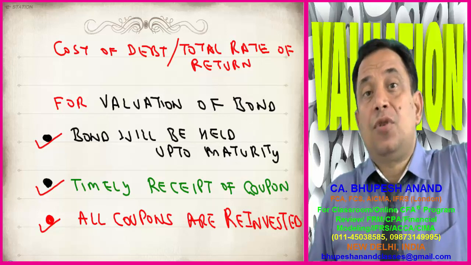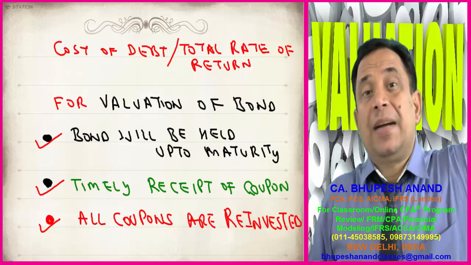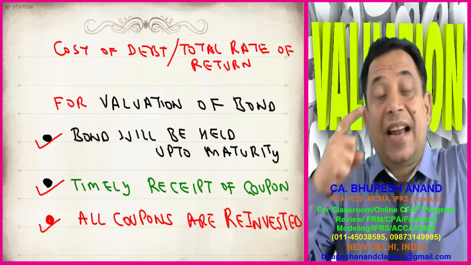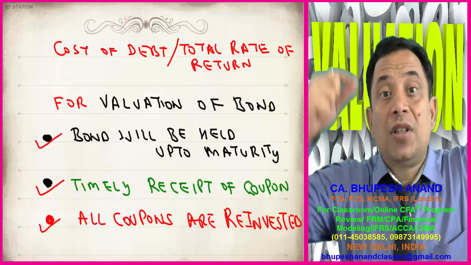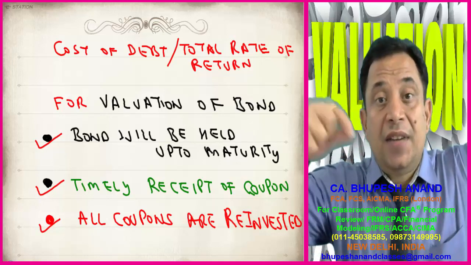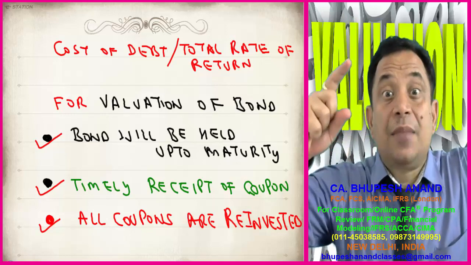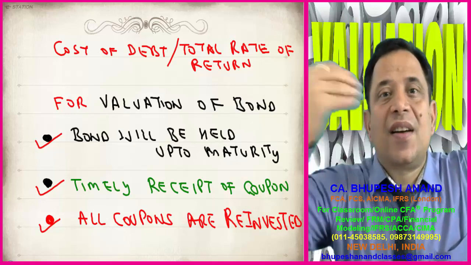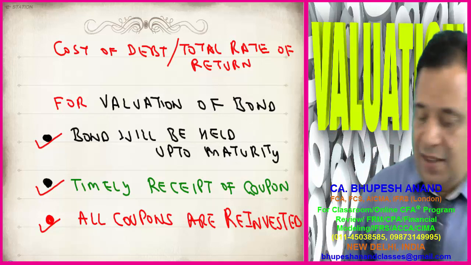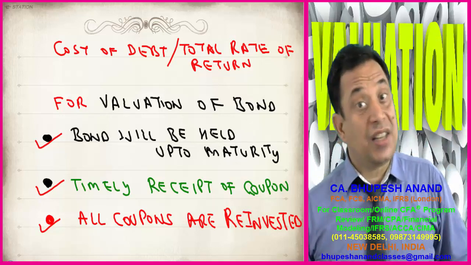We assumed that the holder will hold that bond up to maturity; second, the coupon amount is received on time; and third, the coupon amount is being reinvested. So these are the 3 assumptions.